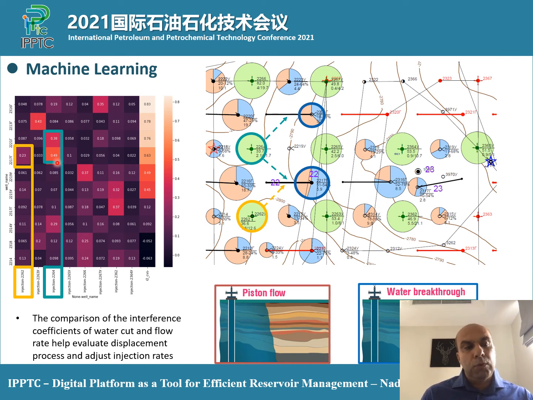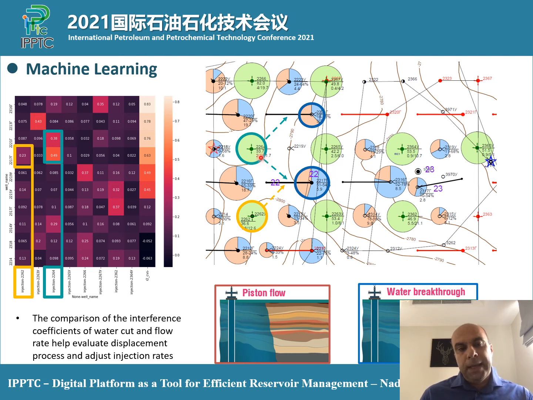So in this specific case, I just wanted to show the interaction between two injectors and two producers, and from the table, what we can deduce from the different coefficients for water cut is that this injector highlighted in green does affect the hydrocarbon production of both producers, and this injector affects hydrocarbon production of this producer only.